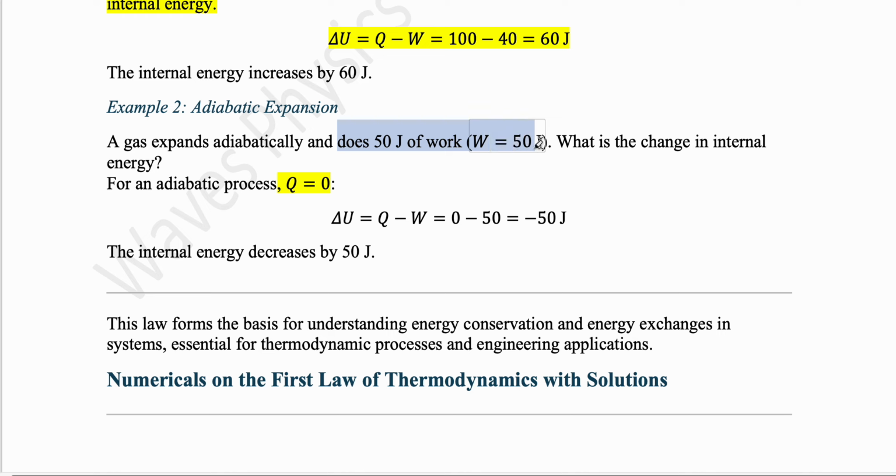It expands adiabatically, so we are not giving any external heat to it, so q is 0, but it does 50 joule of work. So w is 50, and if you use the formula, it is q minus 50. So q is 0, no heat is supplied, so it is minus 50 joule.